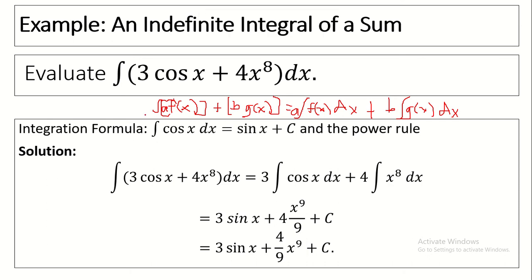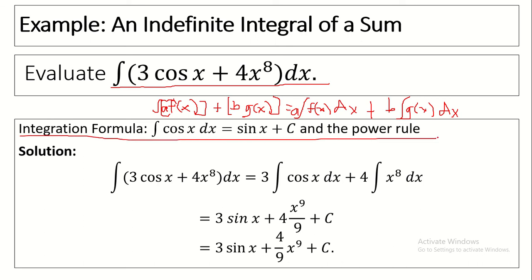Okay, so let's evaluate the indefinite integral of 3 cosine x plus 4x raised to 8 with respect to x. So, ang mga integration formula na kakailanganin natin ay the indefinite integral of cosine x dx, which is equal to sine x plus c, and the power rule. Okay.